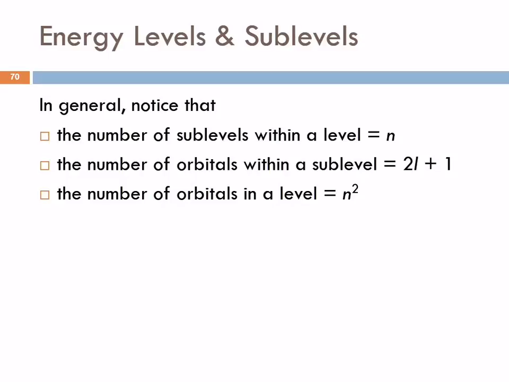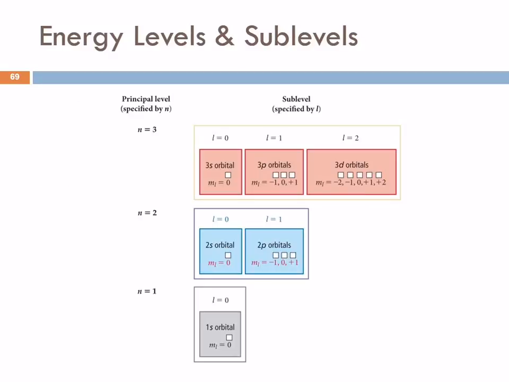Some general observations. The number of sublevels within a level is equal to n. Let's go back to the picture. N equals 1, there's only one sublevel.